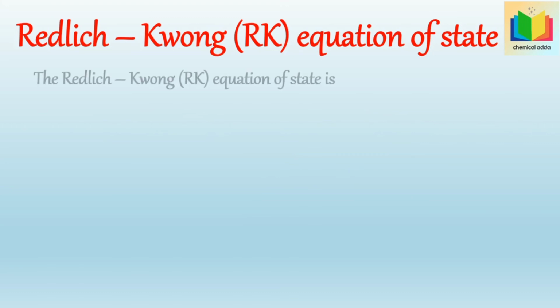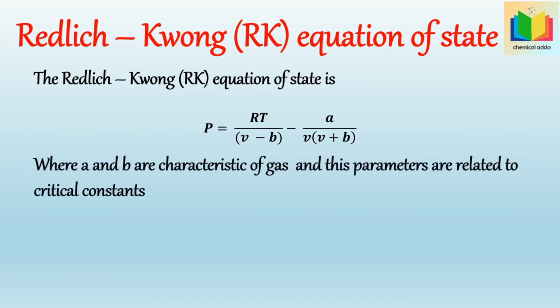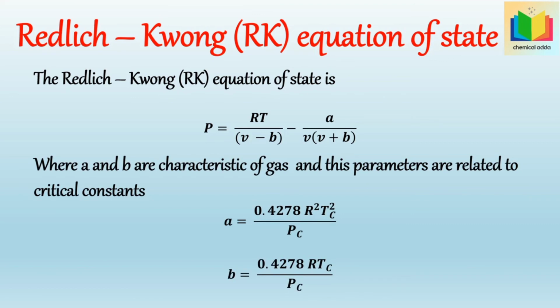So, Redlich-Kwong, that is RK equation of state, is P is equal to RT divided by V minus B, minus A divided by V into V plus B, where A and B are characteristic of gas, and these parameters are related to critical constants, where A is equal to 0.4278 into R square into Tc square divided by Pc, and B is equal to 0.4278 into R into Tc divided by Pc.